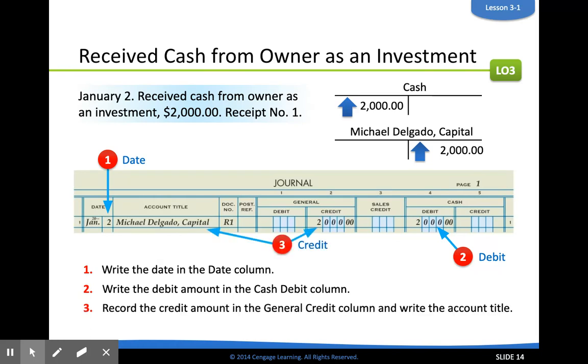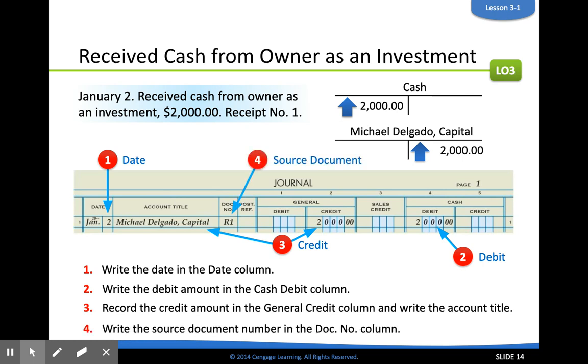Anything that is in the account title column is labeling or describing the number that's in the general columns. So Michael Delgado, Capital is being credited for $2,000. And finally, we have a source document for every transaction. So receipt number 1, if someone wanted to see the original source of this transaction, they would look for receipt number 1.